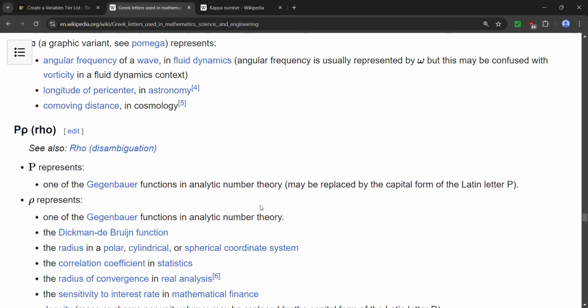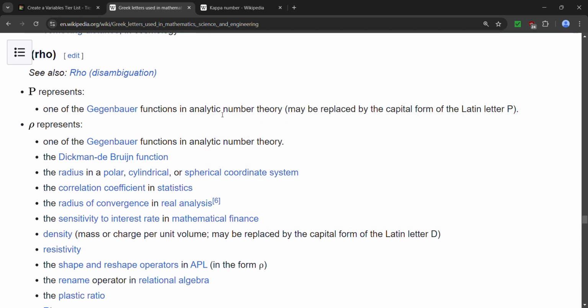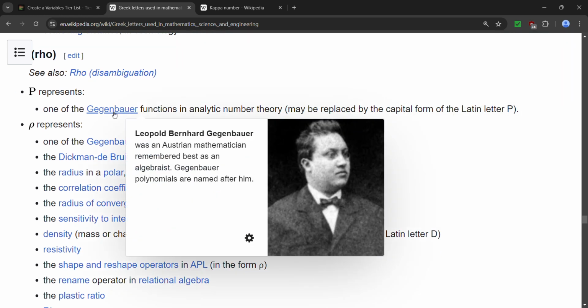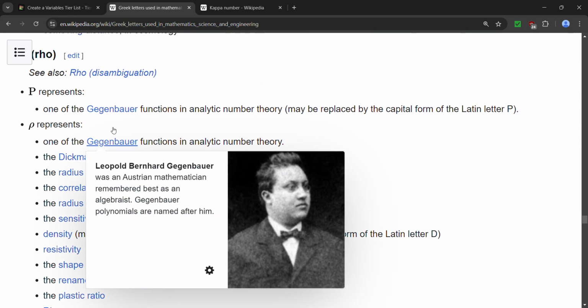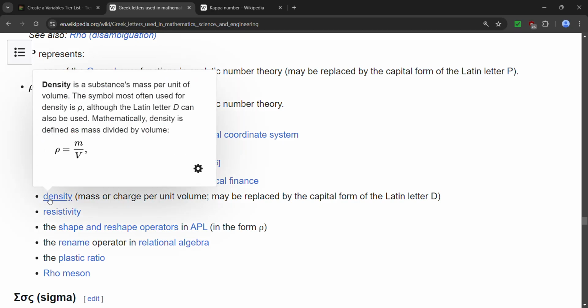Okay, let's take a look at rho. Of course, we got the Gegenbauer functions. I don't actually know what those are, but I really just wanna see density. There we go. That's something I actually understand. Density, very important, right? Everyone uses density. It's not quite on the same level as time or velocity or anything like that, but density is very important.